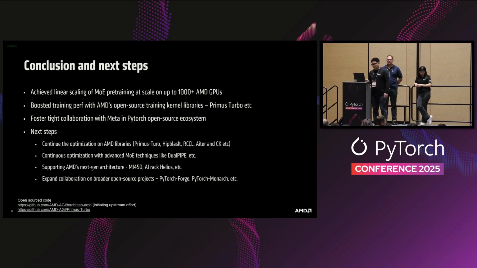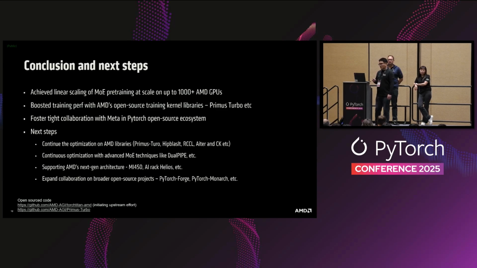In the next step, we will continue our optimization on the AMD libraries, including Primus Turbo, hipBLAS, RCCL, AITER, and CK. And we will continuously optimize the advanced MoE features, including DualPipe. This was recently upstreamed in TorchTitan, so we will continue working to make sure this feature is fully enabled on our hardware.